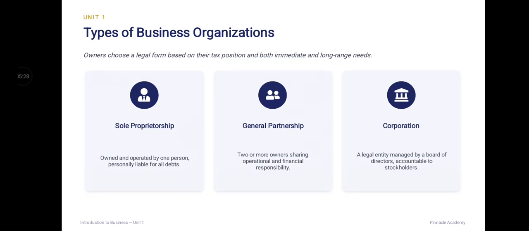The first is the sole proprietorship. This is a business that is owned and run by just one individual, and this individual is personally responsible for every debt the business owes. Think of the woman selling vegetables at a market store, or even one person who's doing a graphic design business.